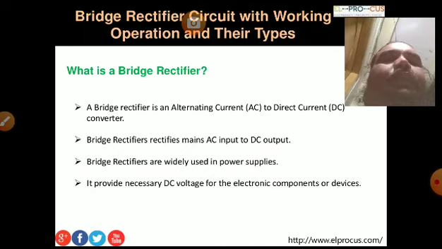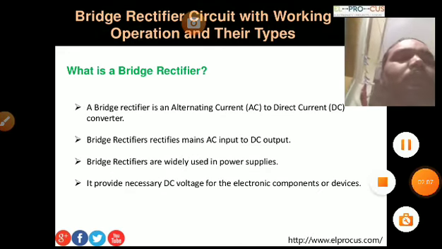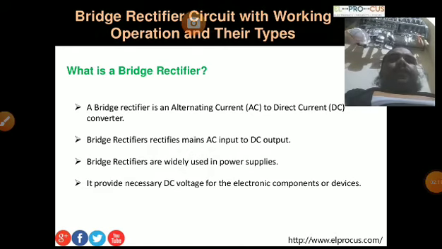What is a bridge rectifier? A bridge rectifier is an alternating current AC to direct current DC converter.